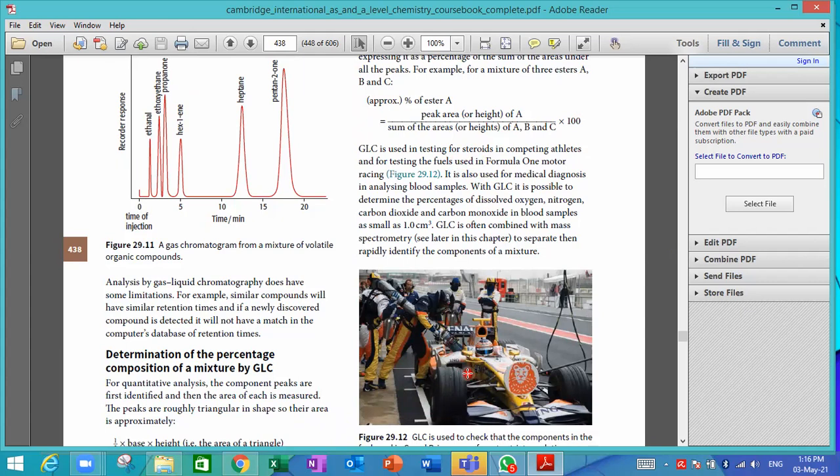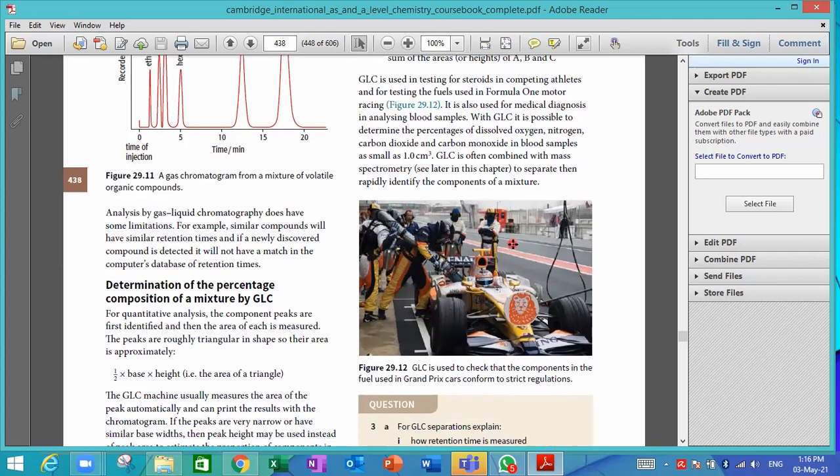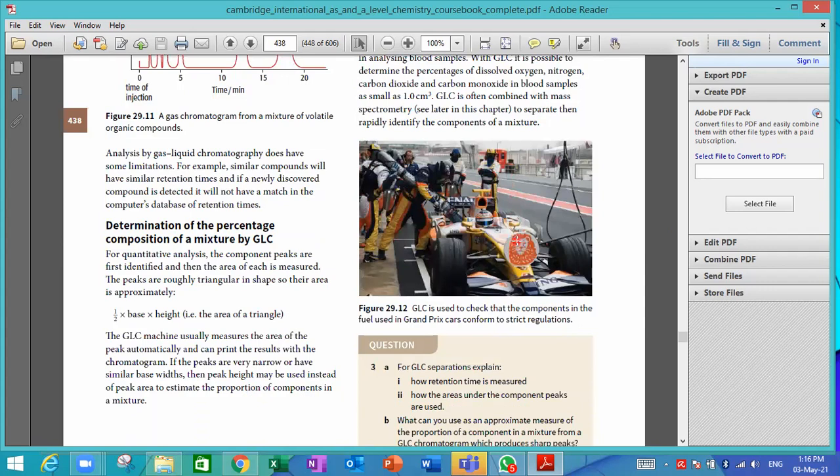And we can also determine the percentage of oxygen, nitrogen, carbon dioxide or carbon monoxide in blood samples. Even if the blood sample is as small as 1 centimeter cube, we can determine the percentage of the gas particles in it. So GLC and HPLC are widely used, of course.